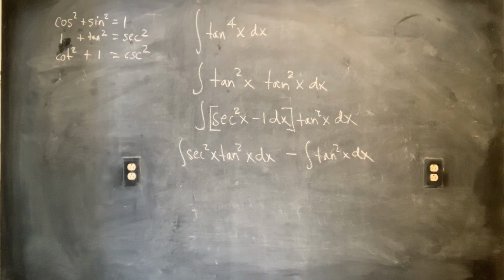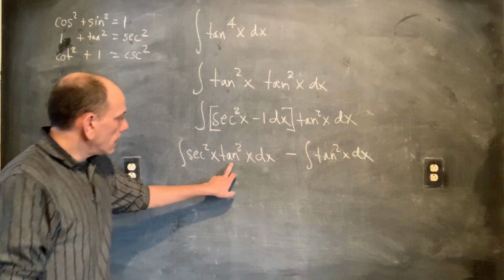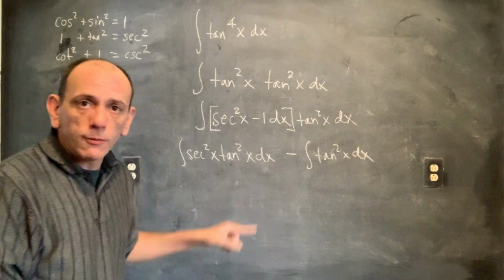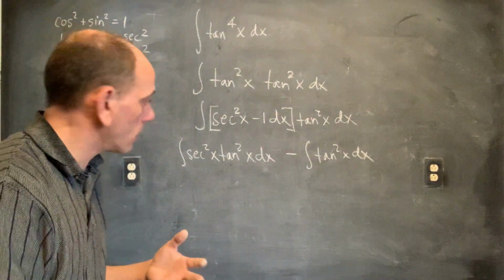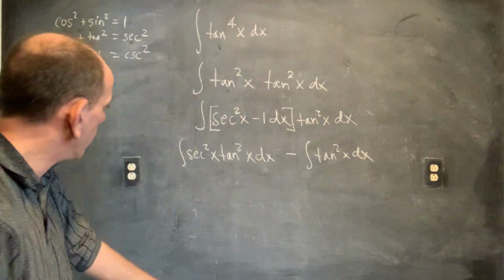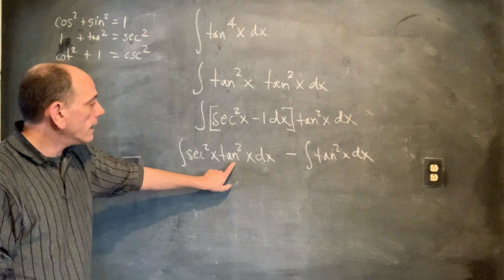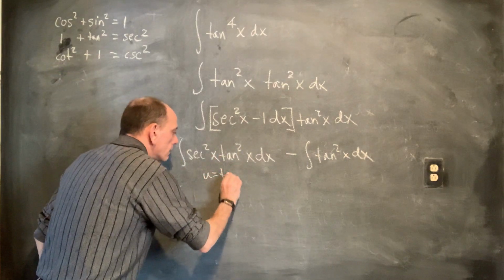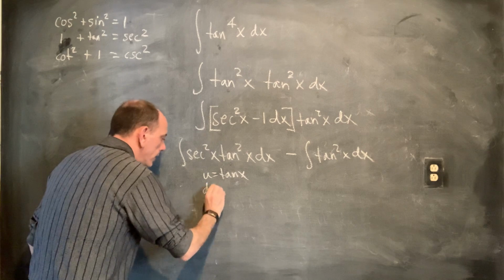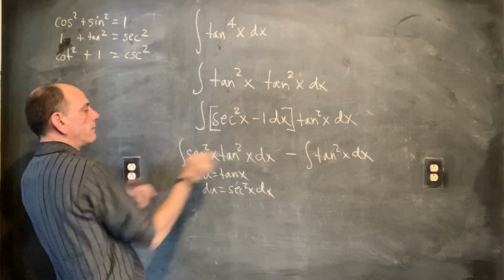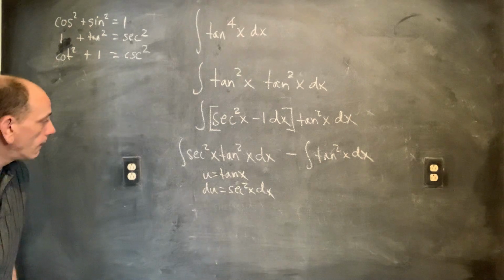Now let's see. Our original idea was to u sub for tangent, so let's see if that'll still work. That's why we got that secant squared involved, right? Well, yeah, if I u sub for tan here, if u is tangent, then du is secant squared dx, which I've got sitting right there. Beautiful.